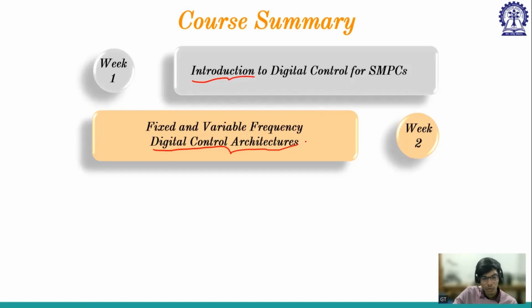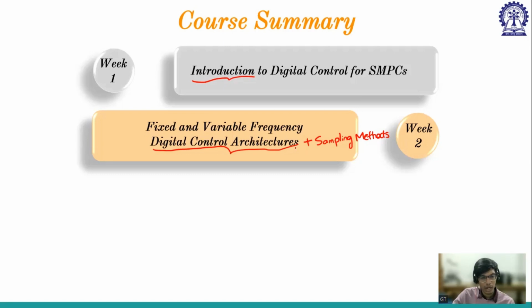We also discussed the sampling methods: what sampling methods are used and why, how many times we can sample in a cycle, what happens if we sample more times or fewer times, and what the challenges and issues are. All these aspects we discussed in week 2.